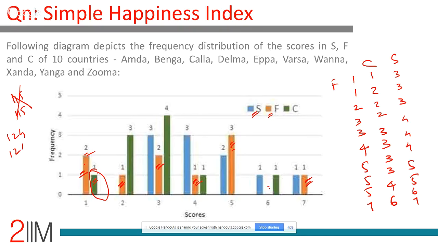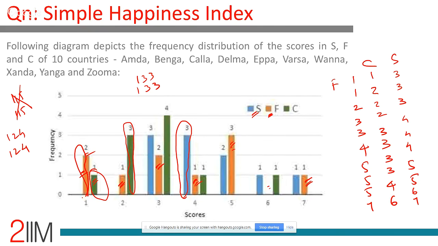124 124. Is that possible? They could have both got 1 in this box, which is freedom. They could have both got 2 in this box, which is corruption perception. They would have both got 4 in this box, which is social support. So 124 124 is possible. Brilliant. Let's look at 133 133.